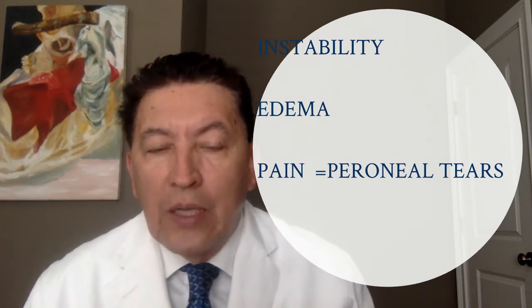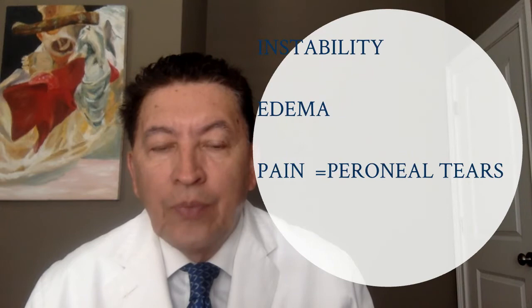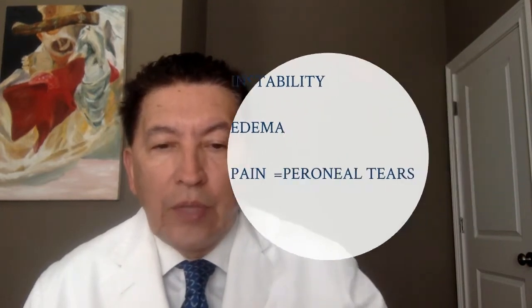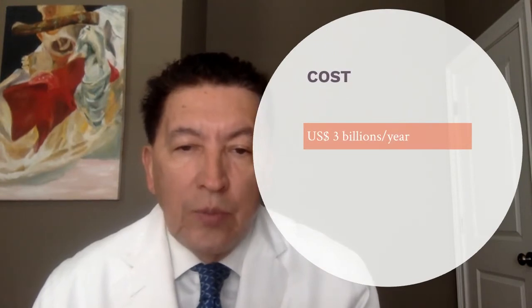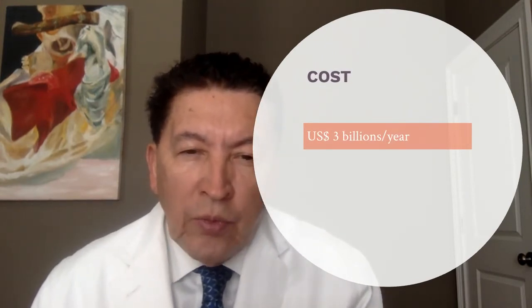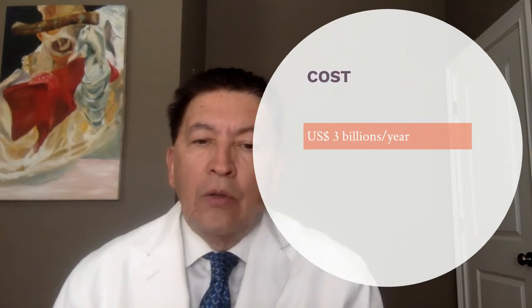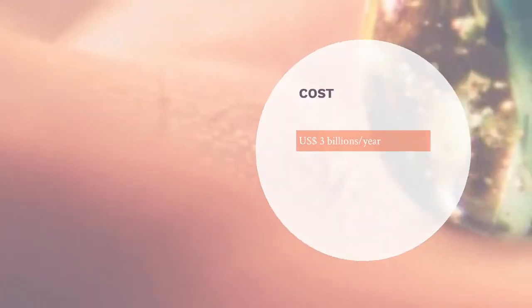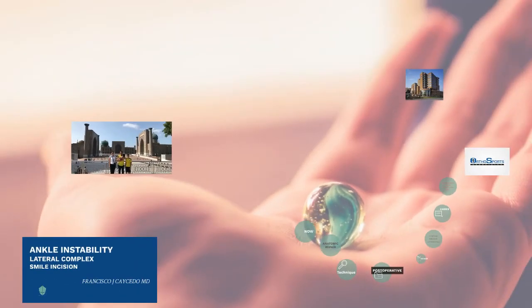Plus, if we consider that the peroneus tendons can have a tear and create tenosynovitis, all these produce a lot of signs and symptoms. Regardless, in cost, we notice that it's about $3 billion a year spent on this problem in the United States.